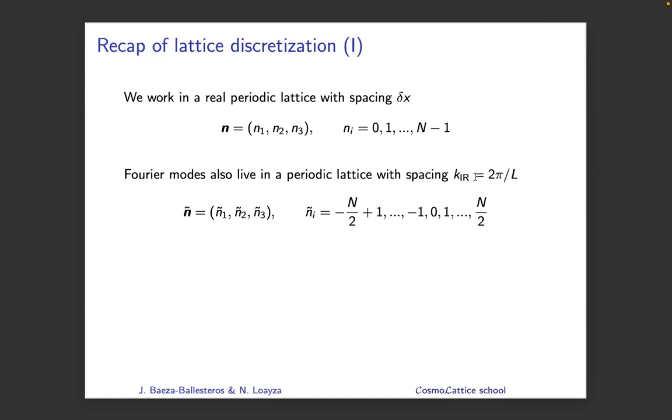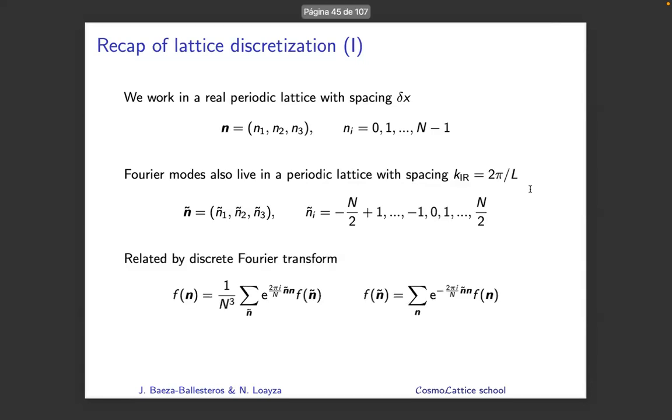And the minimum momentum that we can resolve in our lattice is given by this expression, and then we can also compute the maximum momentum in the lattice, but this has already been explained several times. We can also define Fourier transforms in the lattice in a very similar manner, but instead of taking integrals over all real space and all Fourier space, we are adding over lattice sites in both lattices.